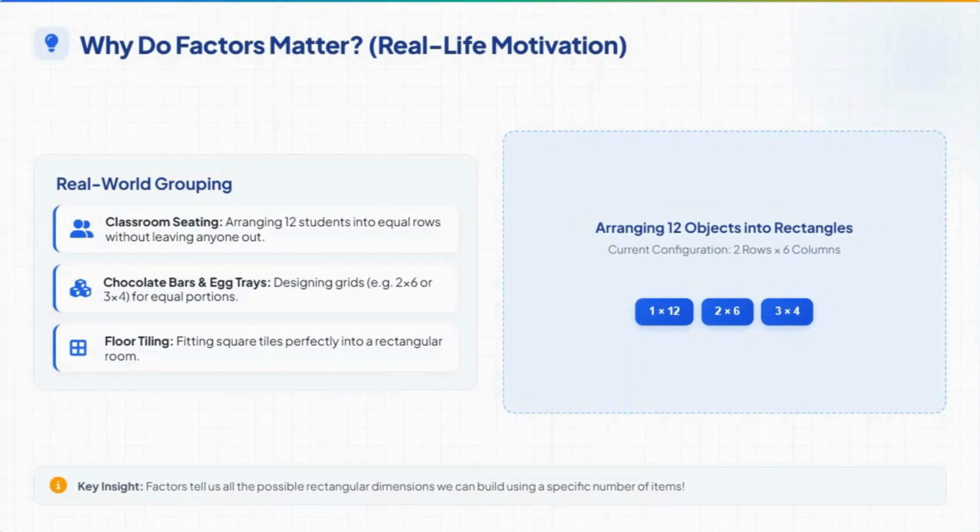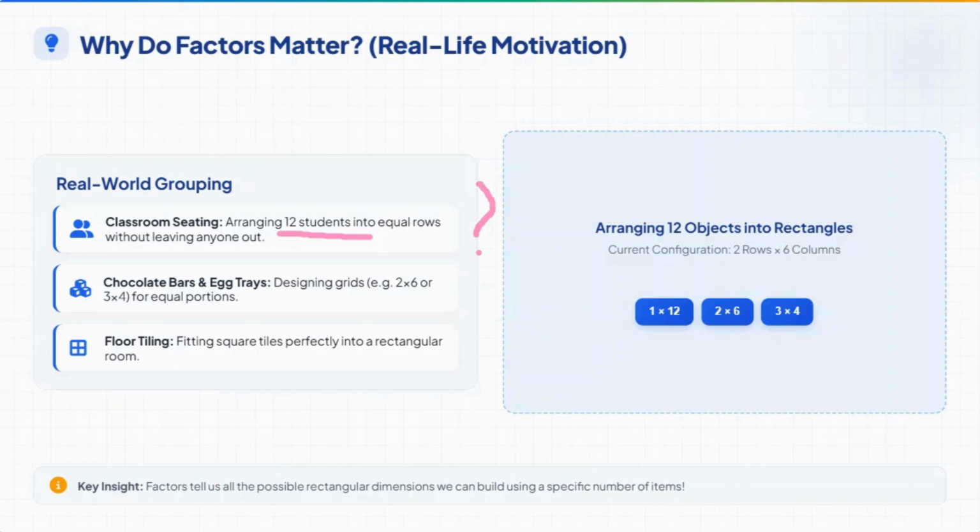Before we write down any definition, let me ask you a simple question. Why do factors matter in the real world? Imagine that you are a teacher with 12 students and you want to arrange them into perfectly equal rows. How many options do you have?